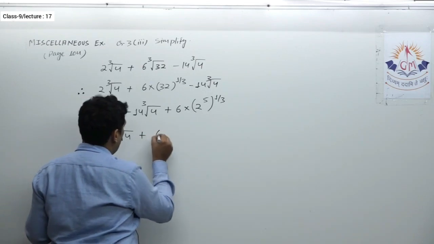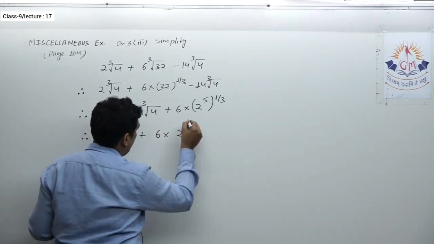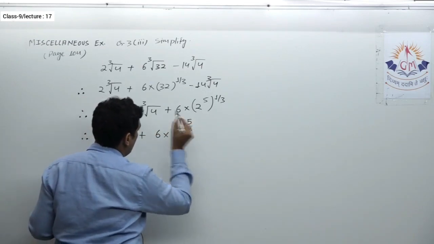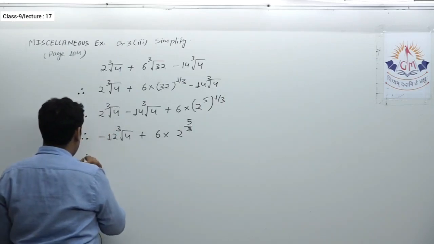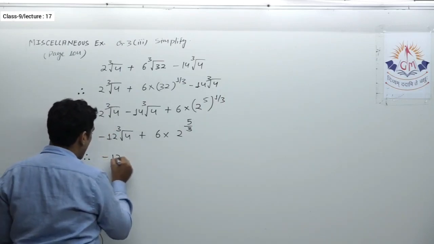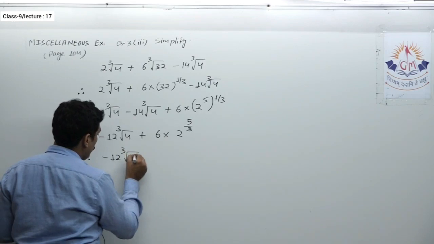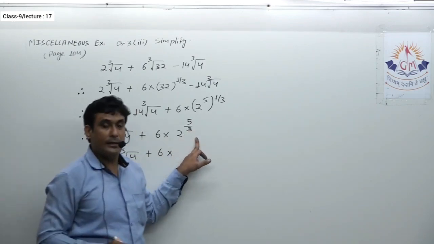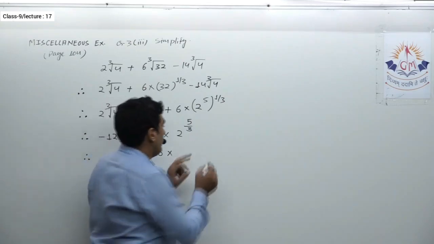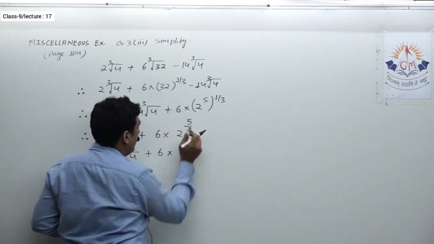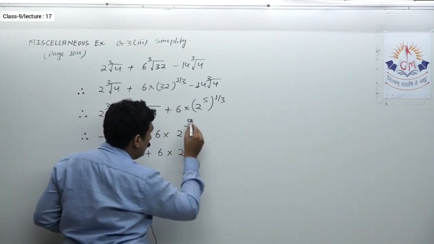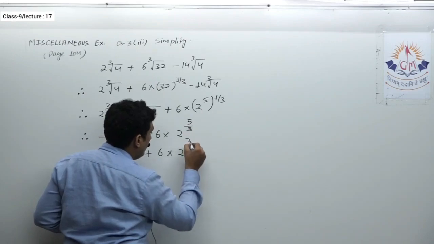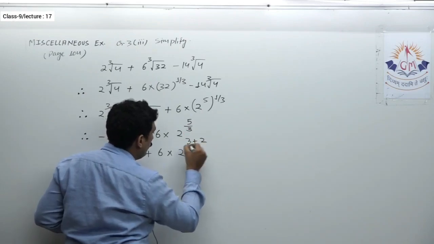Plus 6, here I get 2 raised to 5 by 3. So minus 12 cube root of 4 plus 6 multiplied by 2 raised to 5 by 3. As we already solved this type of sum, here the denominator is smaller, so I write this 5 as 3 plus 2.